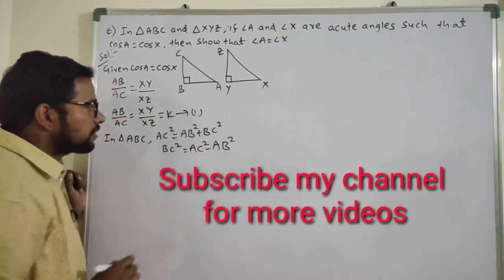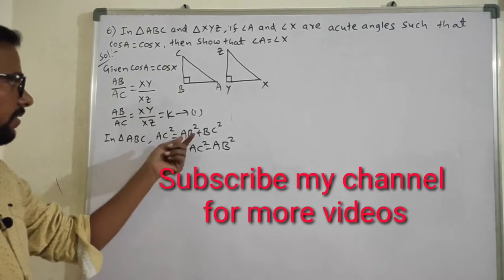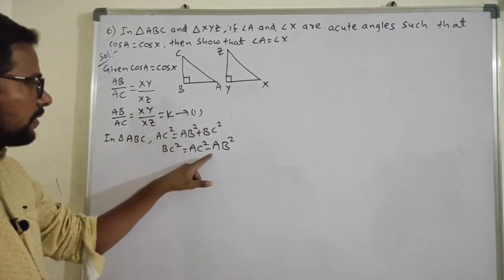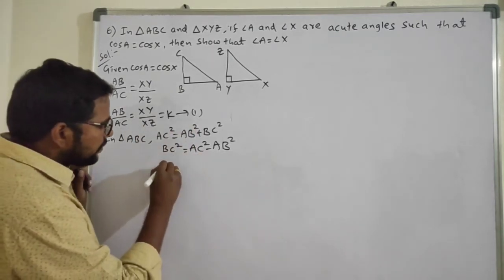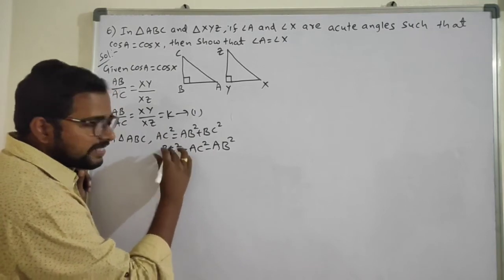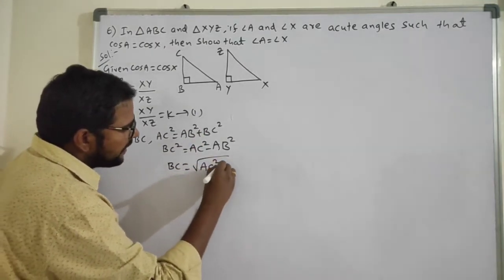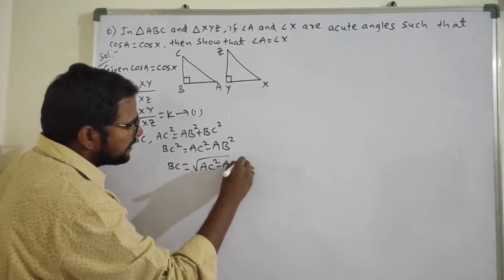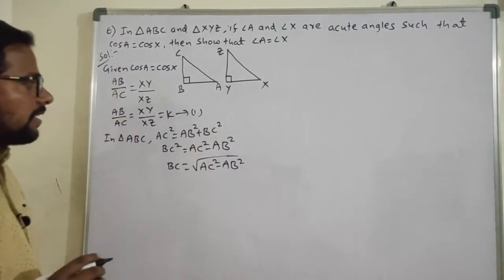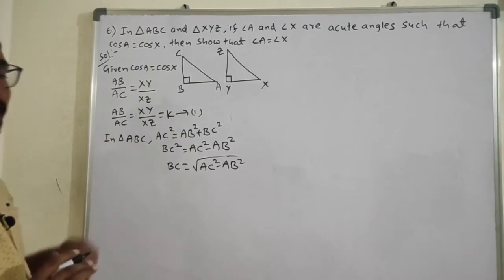Sending AB square to the LHS makes it minus. So BC is equal to the square root of AC square minus AB square. This is from triangle ABC.